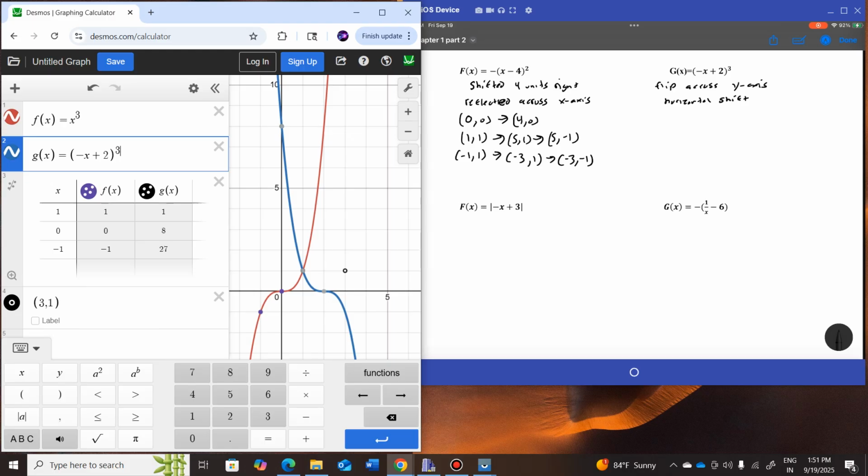Or you can think of it as it went 2 units to the negative side, then got reflected across the (2, 0). And so (0, 0) goes to (2, 0).